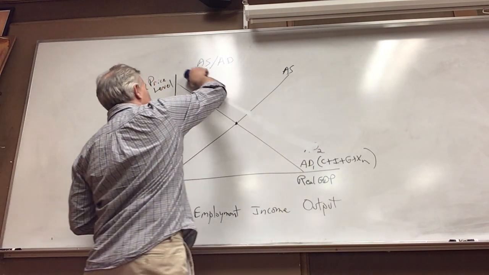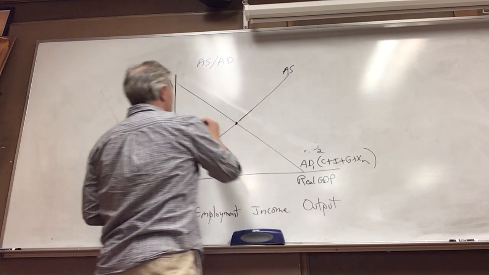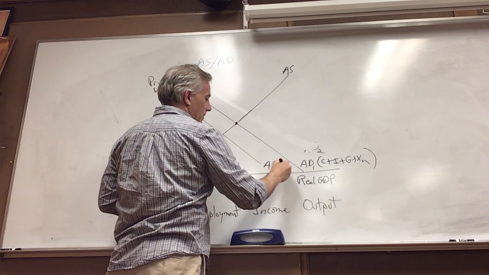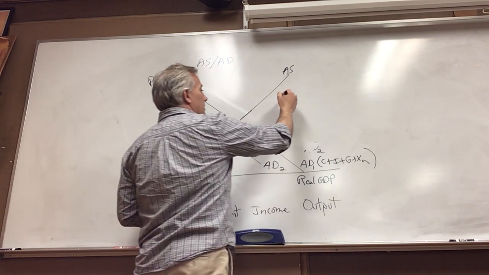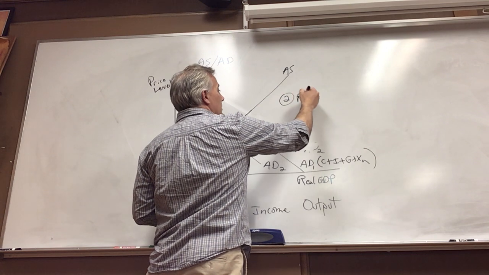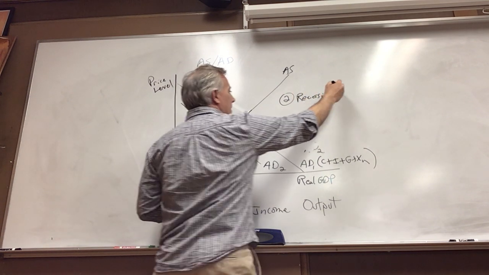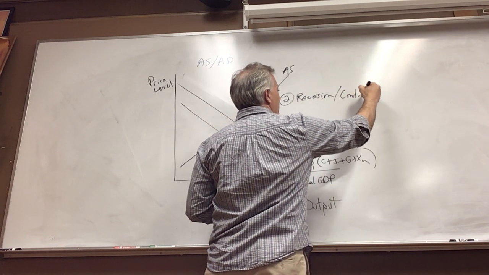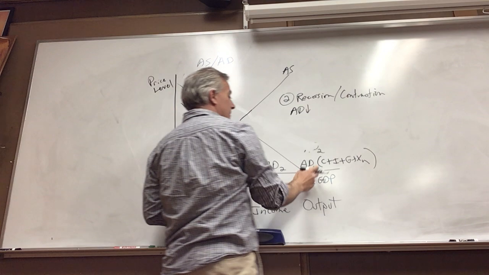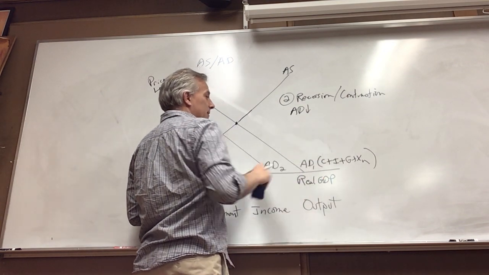Make sure you know that, and if you know that, you know the other one, which is a decrease in aggregate demand. All right, which is number 2 here, the second one, recession or contraction. All right, so aggregate demand decreases because consumption, investment, government spending, or net exports decrease.